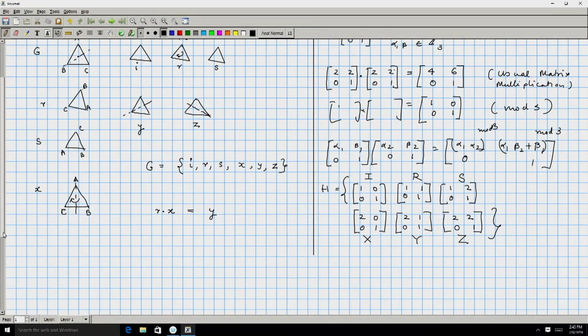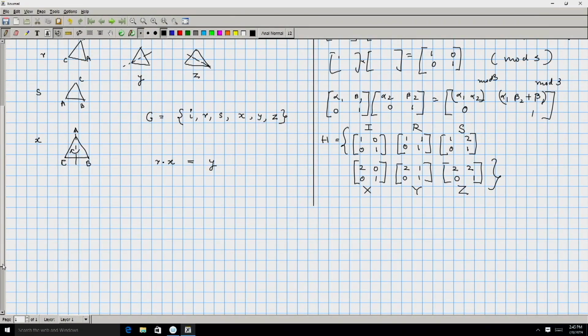So, in order to check that the two groups G and H are isomorphic, we need to check two things.